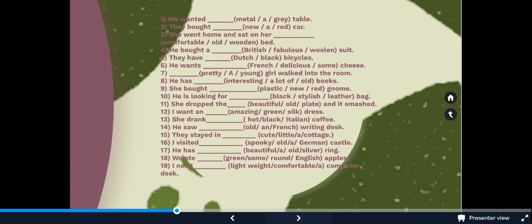A pretty young girl walked into the room. He has dash books. He has a lot of interesting old books. A lot of is a determiner. Interesting, yes, opinion. Old shows the age. I think you can do the rest of the sentences. You can take a screenshot of this and do it at your convenience.